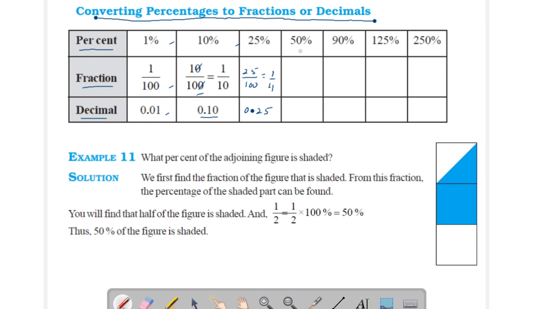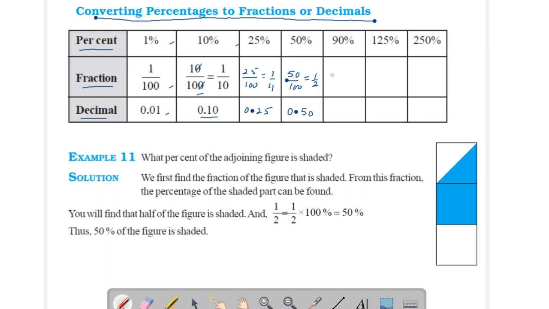Similarly, 50% can be written as 50 upon 100 in fraction, and if you simplify it, you will get 1 upon 2, and in decimal we can write it as 0.50.